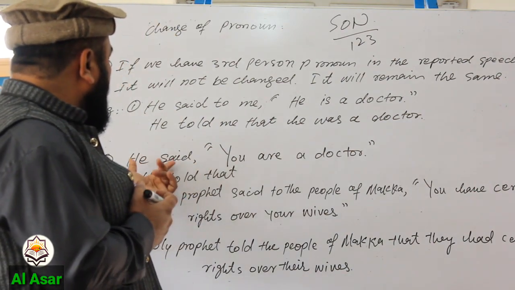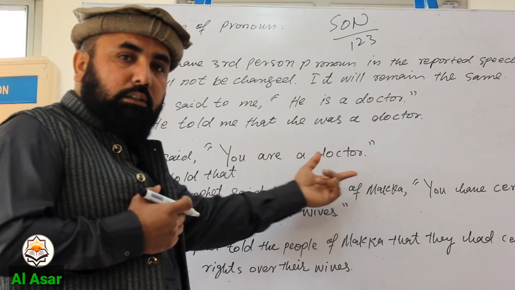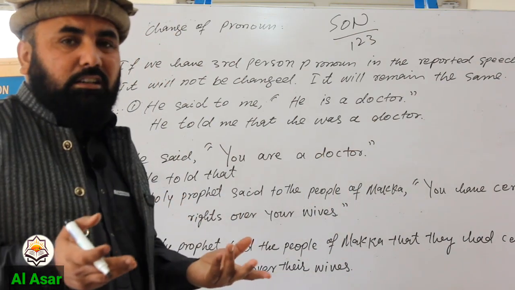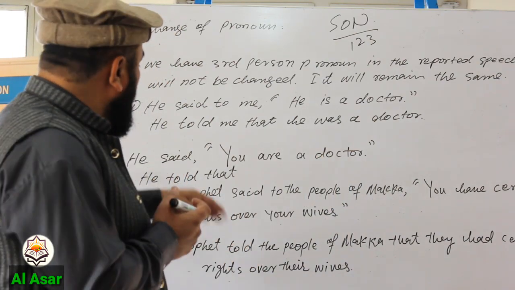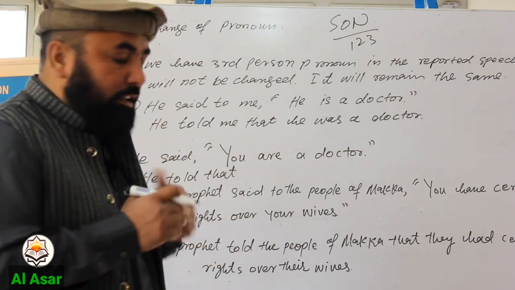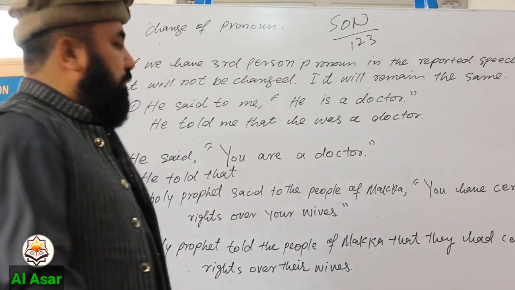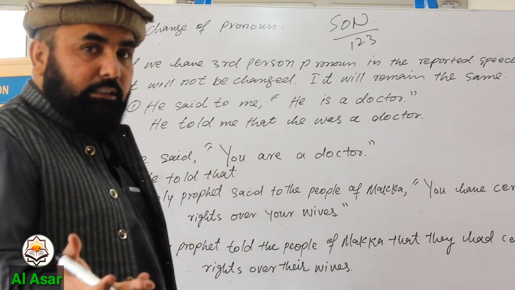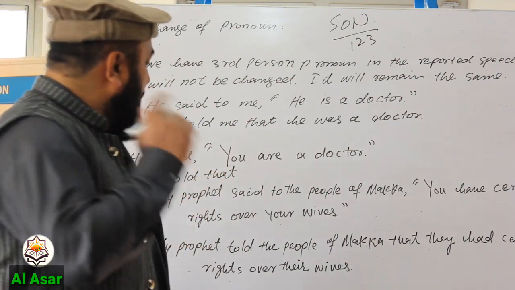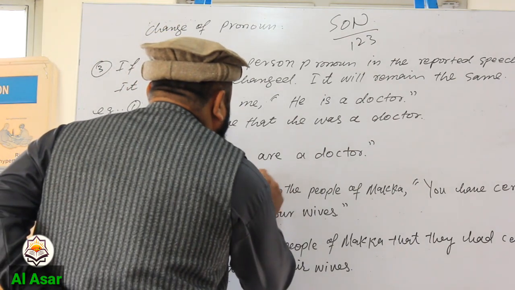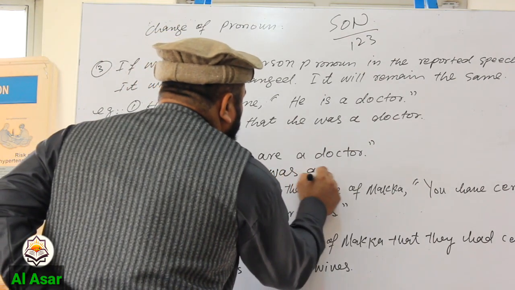Just like this one, he said, you are a doctor. So here we can take it for me as an object. He told me. So it depends on you. If you are going to take it for him, you can take it, but I am going to take it for me, that I was a doctor.